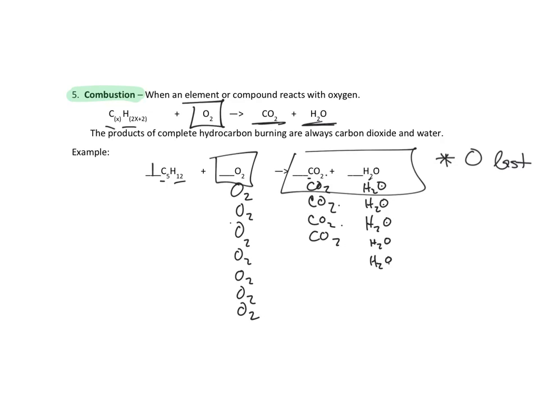You've got 1 C5H12, 8 O2s, 5 CO2s, and 6 H2Os. A nice, lovely, balanced combustion reaction. Again, combustion reactions are usually the hardest to balance because they don't necessarily work out super nicely.